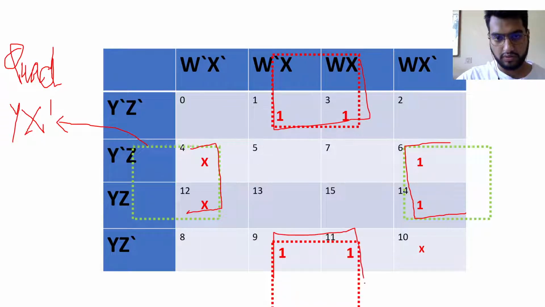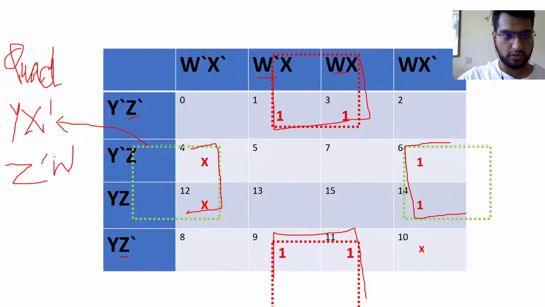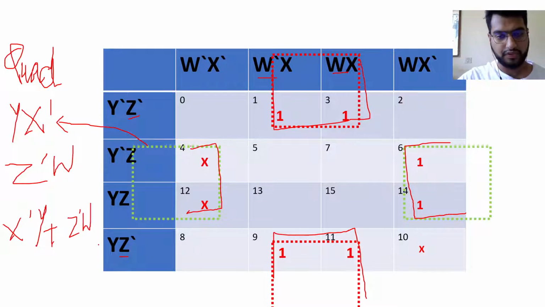So this quad will be giving us the terms z dash, coming from this, and w. So all ones are covered. So our final expression would be x dash y or z dash w.